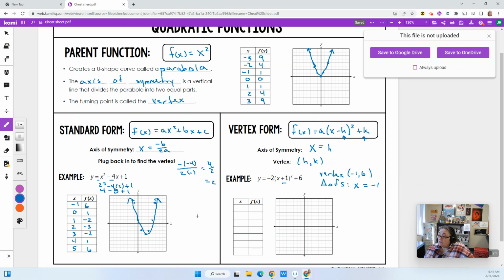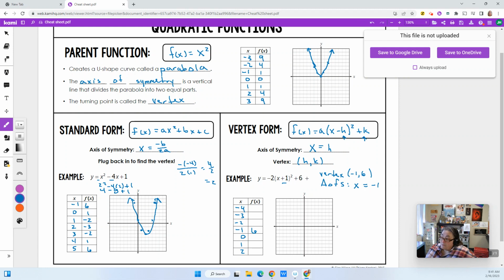And this is where we know to start our table, right? This would be negative 1, 6. And then we plug in the different points around it. We'd have negative 2, negative 3, negative 4, 0, 1, 2. And then we would plug in, again, all of those numbers for x to see what our y is.